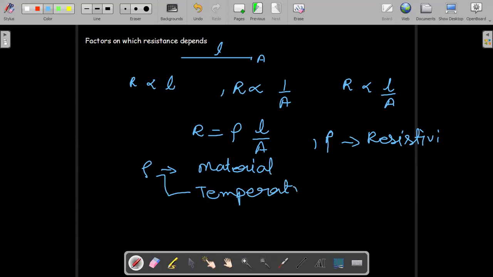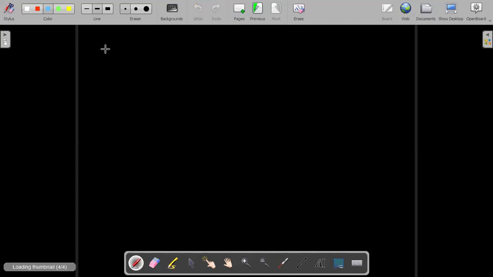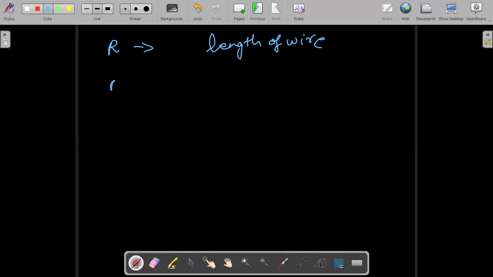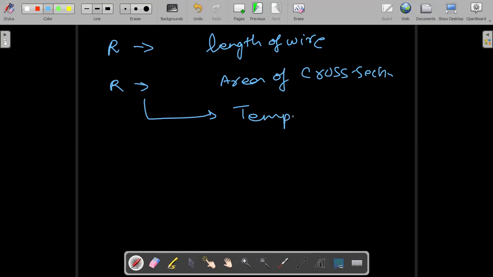So indirectly, I can say that the resistance of a wire depends on the length of the wire, it depends on the area of cross section, and it also depends on temperature, and it depends on the material of the wire.